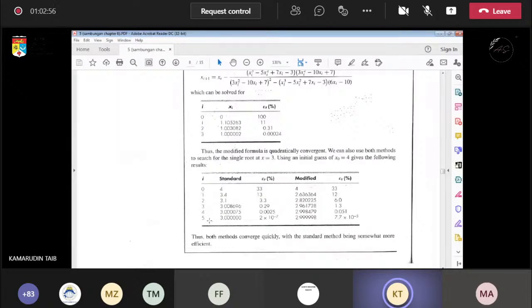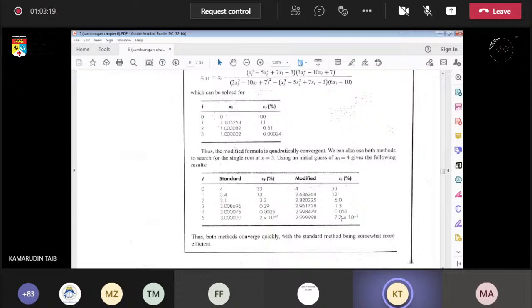Because at the 5th iteration of the standard method, we got the answer of 3.00607, with a true error of 6 times 10 to the power of -3.